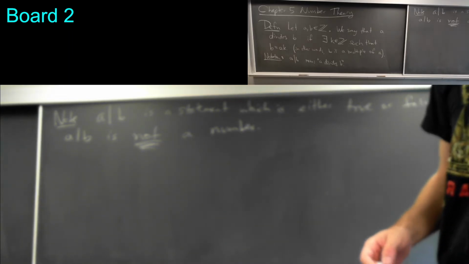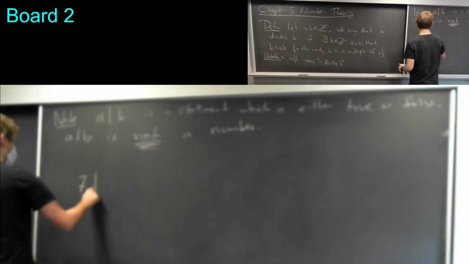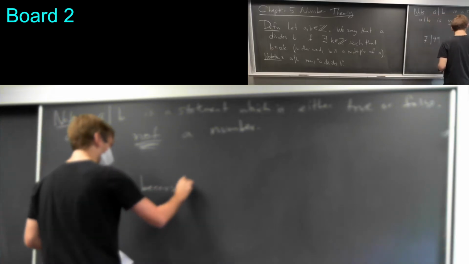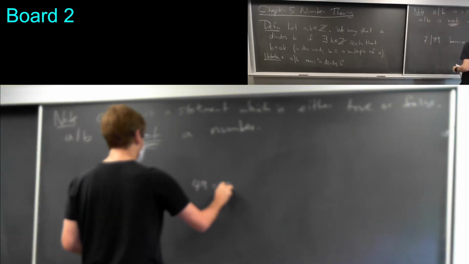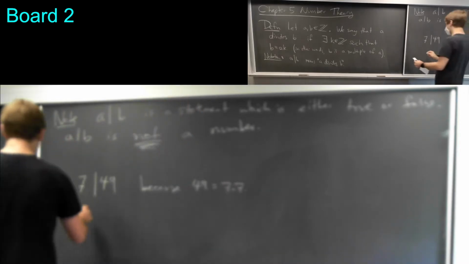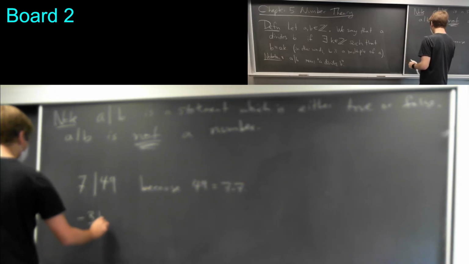So for example, if I take the number 7, 7 divides 49, because 49 is 7 times 7. 49 is a multiple of 7. Negative 3 divides 12.